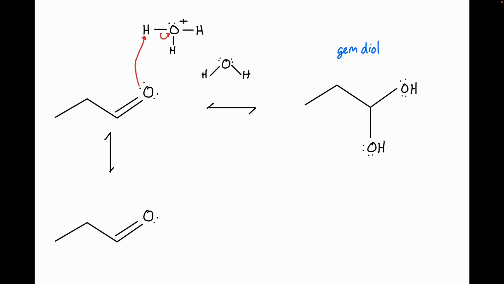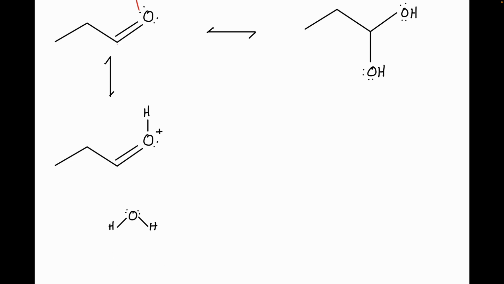Now we have this oxygen with this positive charge, which means importantly that when my nucleophile, my water molecule, comes along and attacks, it kicks that pair of electrons up onto that oxygen. That oxygen doesn't have a negative charge, but since it was formerly positively charged, it's now neutral.